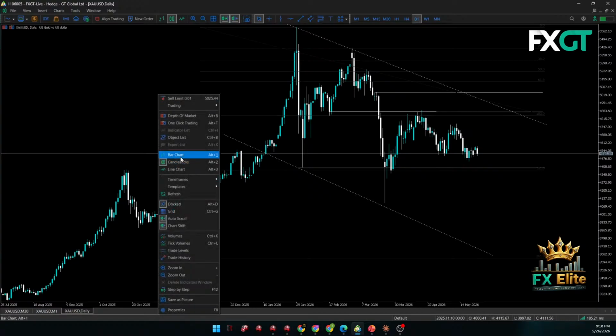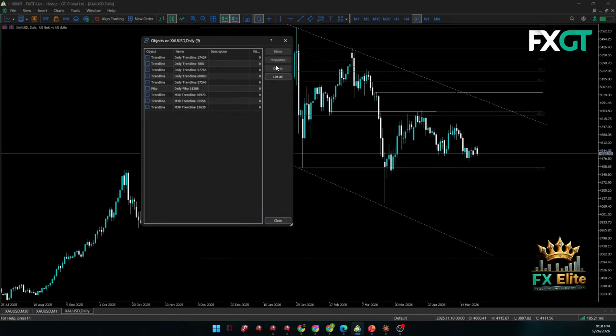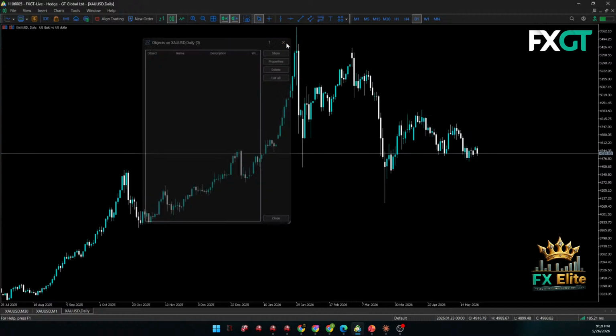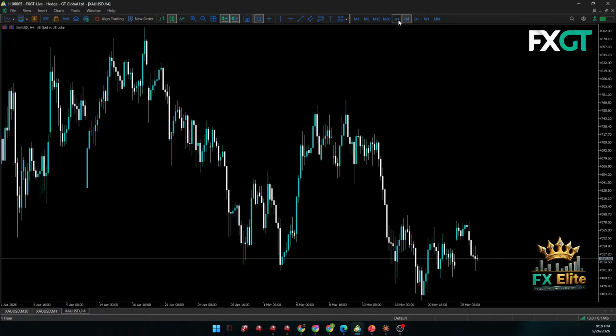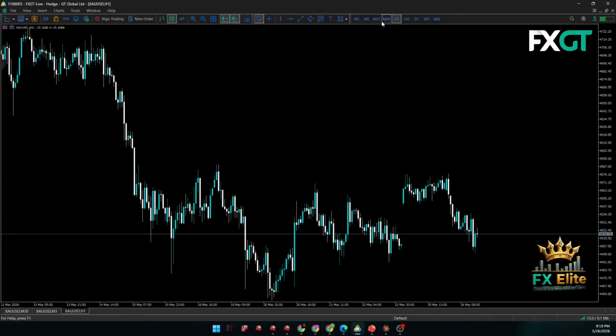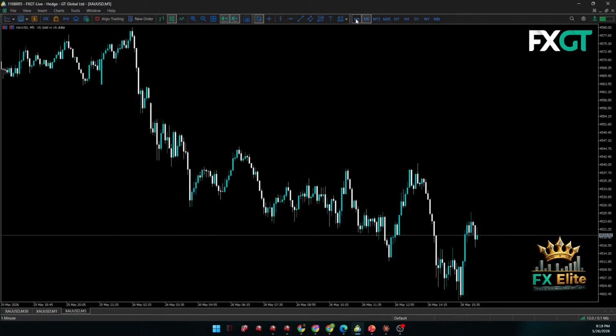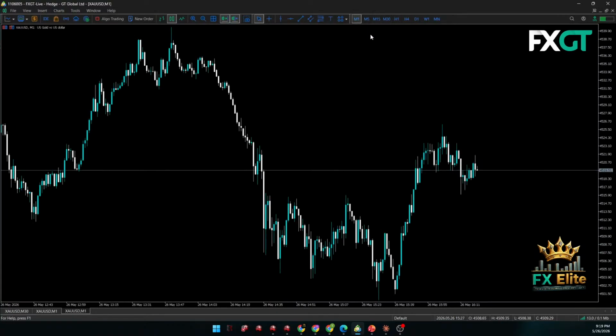Let me just remove these objects muna. All right. Okay, so usually those are the areas that you will analyze. If you're an intraday trader, then you go for daily, H1 and H4. And then for scalpers, usually M5, M15, and M1. Okay, so those are the price levels.